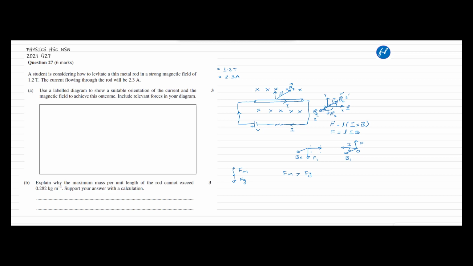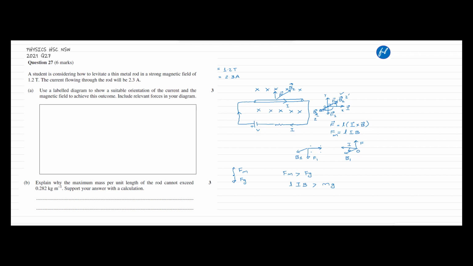Yeah. So let's put the values. So Fg and Fm values. So Fm is same as what I have written, the expression over here. So that will be I L B should be greater than M into G.